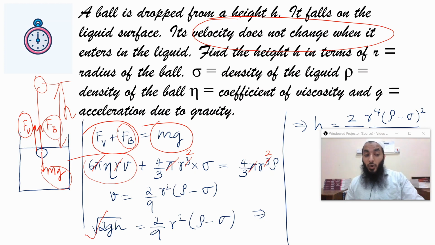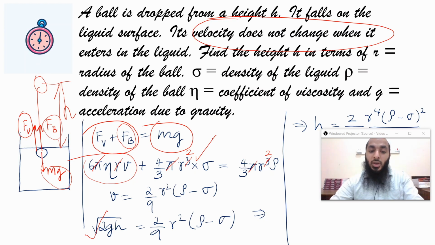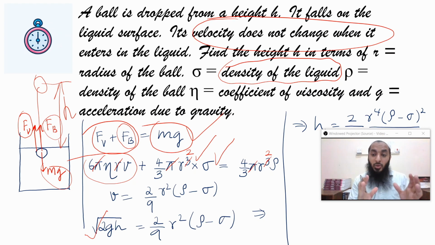That will be equal to the volume of the solid into density of the liquid. So volume of the solid is 4 by 3 pi r cube because it's a sphere, and this is density of liquid. That's equal to mg. Mg is the weight of the body. Weight of the ball is nothing but the volume of the body into density of the body.